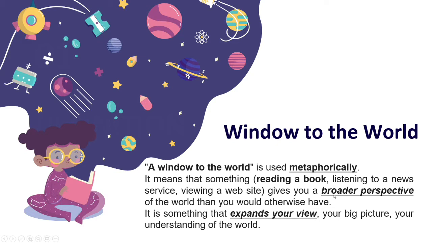Okay, bagaimana ingin memperolehi broader perspektif? Kita boleh lakukan ia dengan membaca buku, reading a book, listening to a news, mendengar berita, or viewing a website. Iaitu, kita boleh lihat, baca cerita-cerita di website.